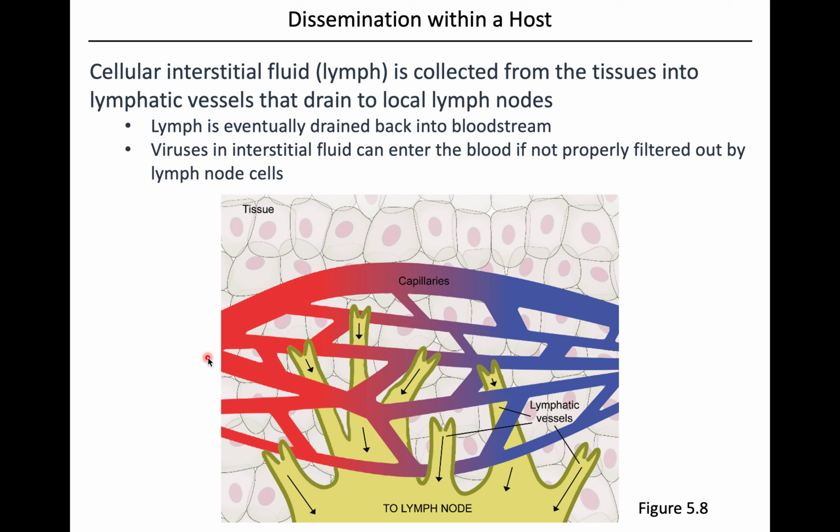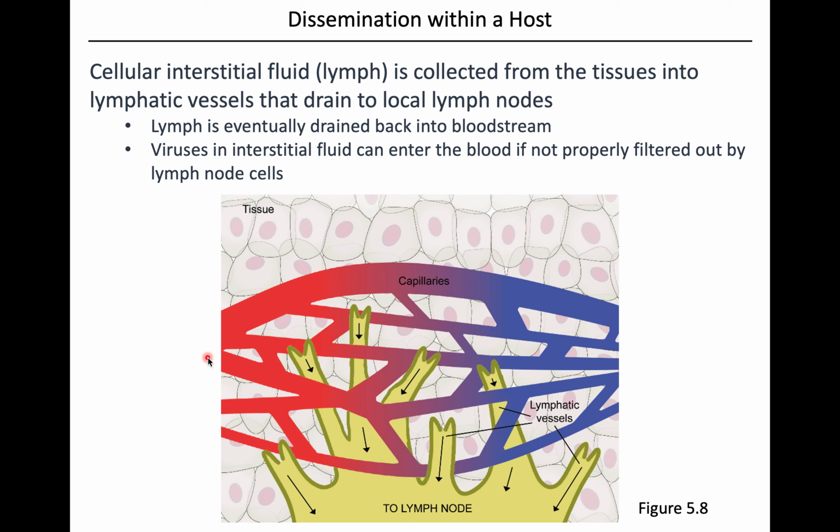And so, of course, the bloodstream is capable of carrying the virus throughout the entire body. But I also wanted to mention the lymphatic system. If you're not familiar with that, I like to think of the lymphatic system as sort of the shadow circulatory system. So you have lymphatic vessels, a very dense network of vessels throughout your whole body, and lymph nodes.